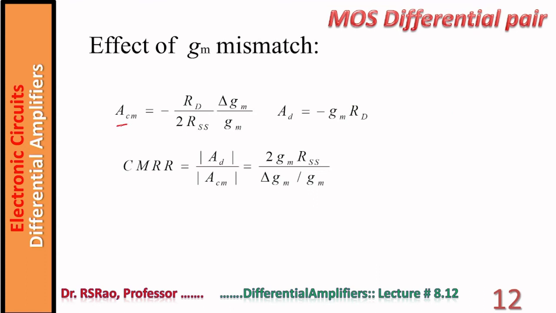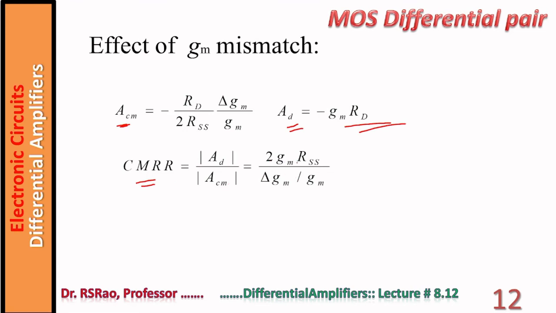It can be shown that ACM, the gain of the common mode signal, is equal to minus RD by 2 RSS times delta GM by GM, and the difference signal gain is minus GMRD. This we have already seen. Now CMRR is the ratio of AD by ACM.